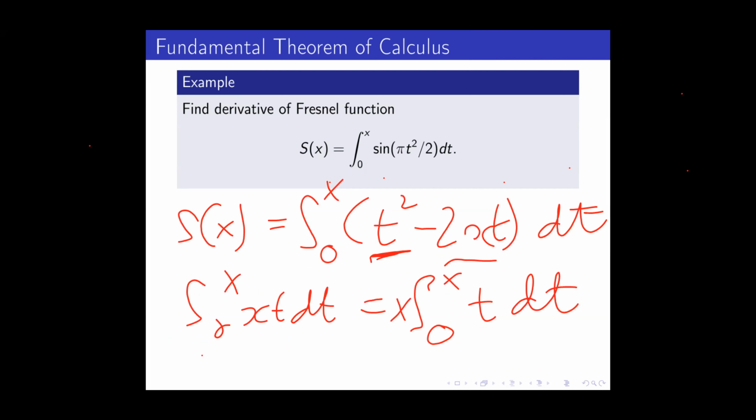So now you can either compute it explicitly, and I think you have to compute it explicitly actually, or you can differentiate this and use the chain rule.